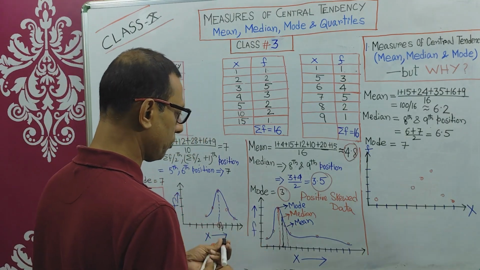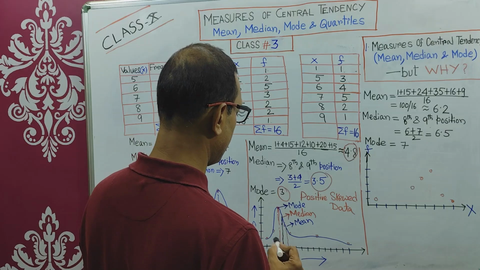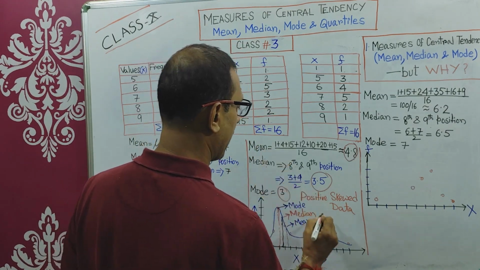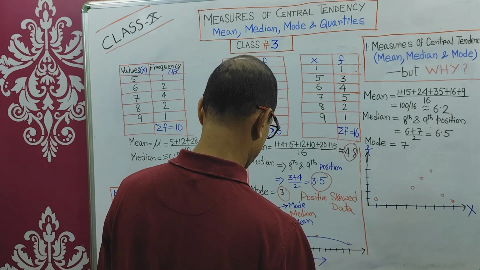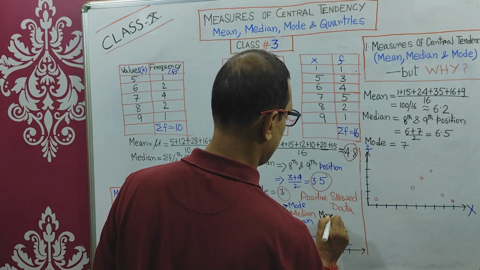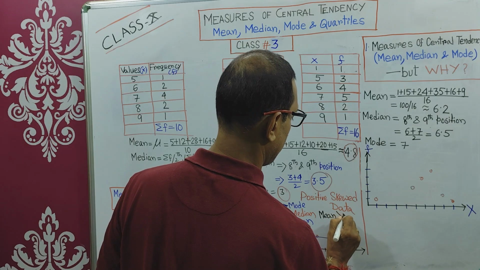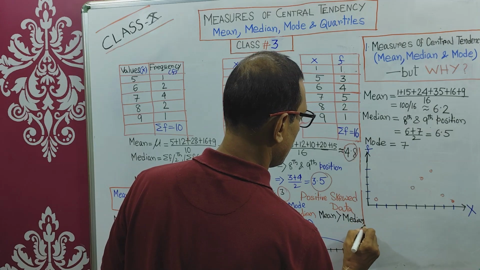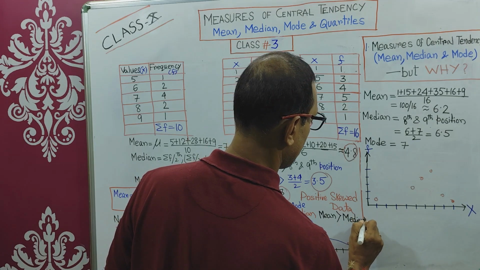So what you can see from here, for positively skewed data, your mean is greater than median, which is greater than mode.